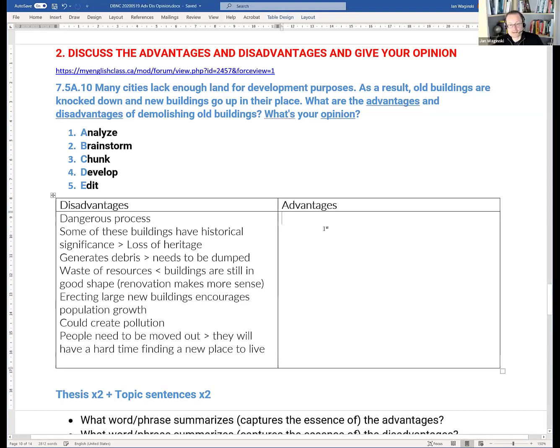What about for advantages? And remember here, the goal is not to write a comprehensive report on this. It's a short assignment. You've got one body paragraph per side.